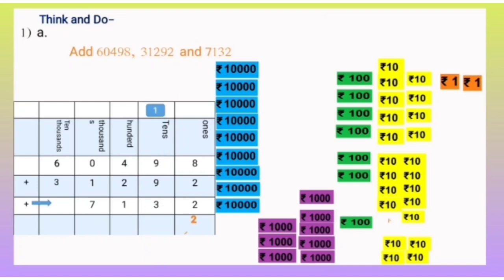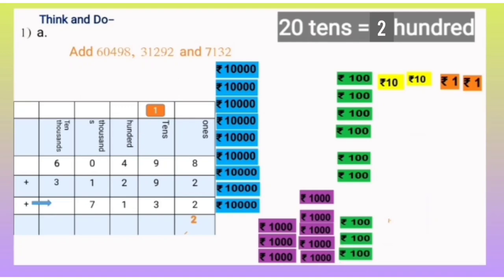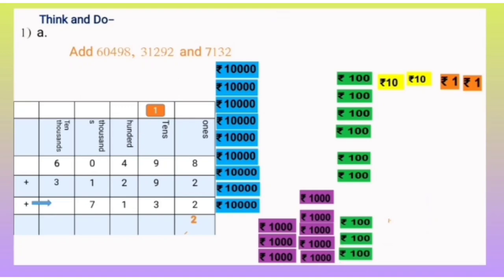Now total 22 tens are there. So 20 tens is equal to 2 hundreds and 2 tens will remain. So 2 we will write in tens column and 2 hundreds we will write on top of hundreds column.